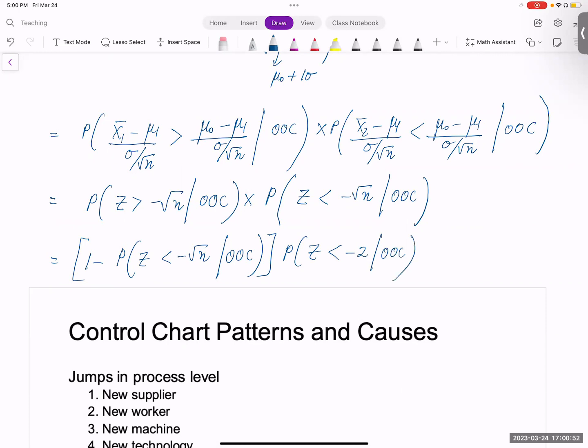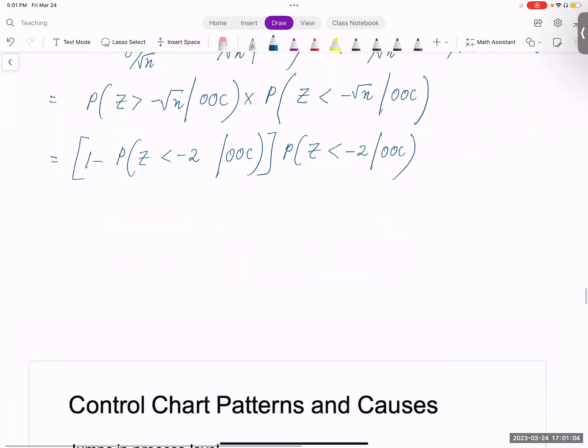And then the first term is, I'm going to make this just negative 2. Now you can use your norm CDF on your calculator to compute these two terms. One more thing that I would do here is use my general notation. My general notation is 1 minus phi of negative 2 times phi of negative 2, right?